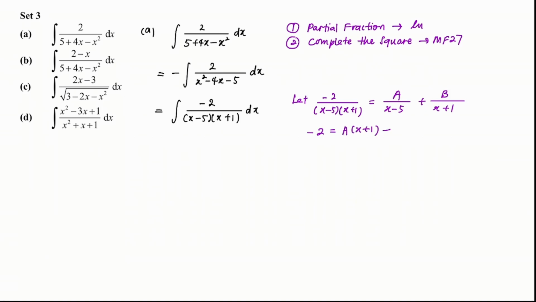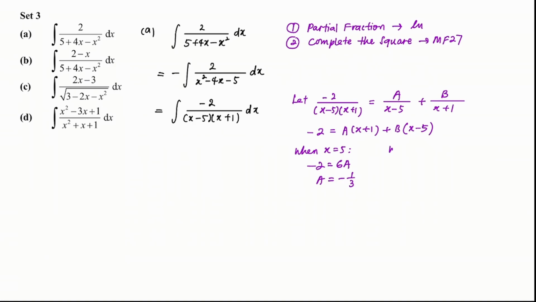When I cross multiply, this is what I get, and I'm supposed to sub in values that will make these brackets 0. The first thing I'll do is when x is equal to 5: on the left hand side is -2, on the right hand side will be 6a, so a will be equal to -1/3.